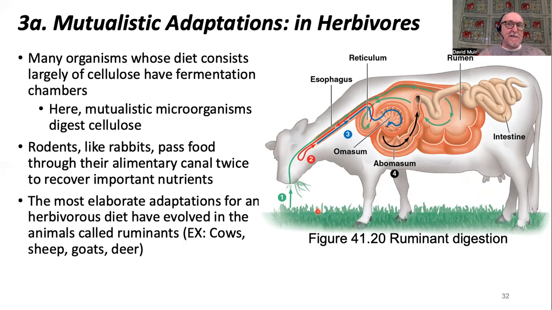And what happens is that they will feed and will take in as much as they possibly can and store that food in a first stomach. Here, the stomach is elaborated on. There is a first stomach here, which is called the rumen. And food is stored there and is then passed into a second stomach, which is called the omasum. And it is stored there for quite a long time.